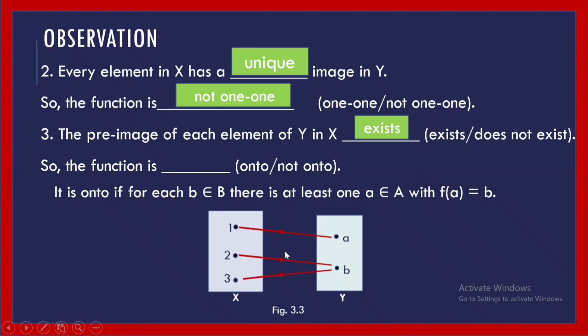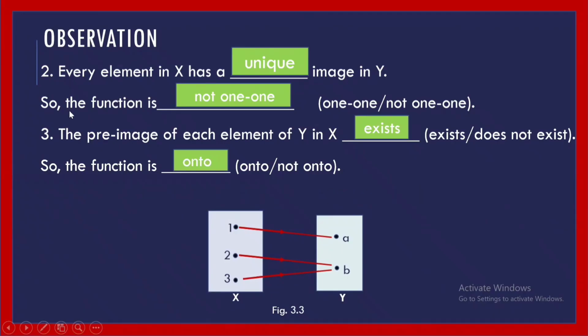Here we have two elements in X such that f(2) is equal to B, f(3) is equal to B, and f(1) is equal to A. So for both A and B in B, there exist elements 1, 2 and 3 in X such that f(1) is equal to A, and f(2) and f(3) both equal B. That means it is an onto function. So I have shown that it is not a one-to-one function, but it is an onto function.